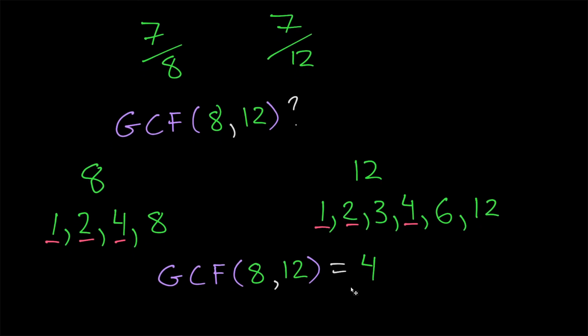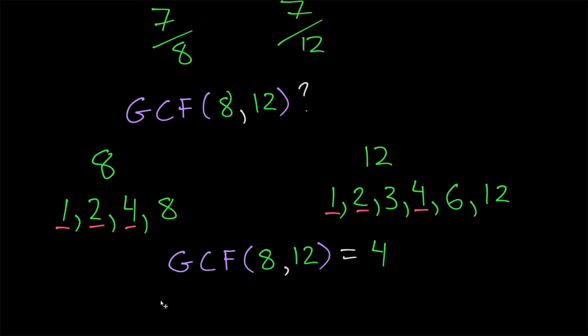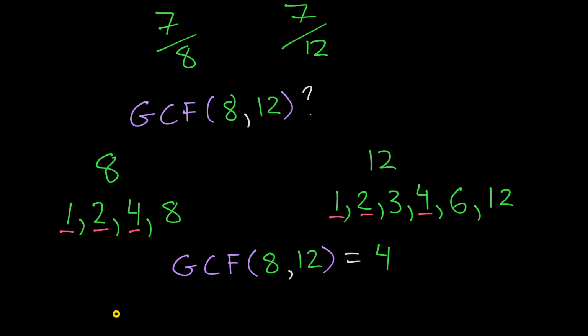Now, how can this help you to find the LCD, or the least or lowest common denominator? Well, you can always find a common denominator for two different numbers by multiplying one denominator by the other denominator.